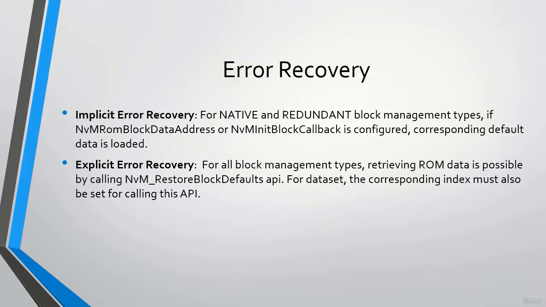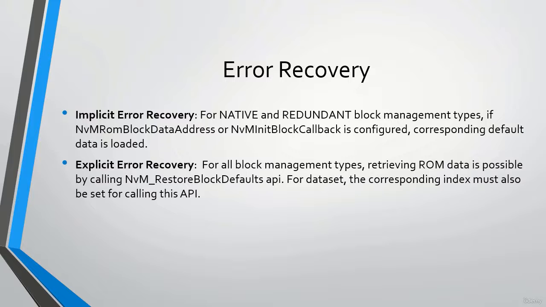Suppose any error happens, then we have this backup option to get the default data loaded. The next one is explicit error recovery. This is available for all block management types. We are able to retrieve the ROM data by calling the API NvM_RestoreBlockDefaults.